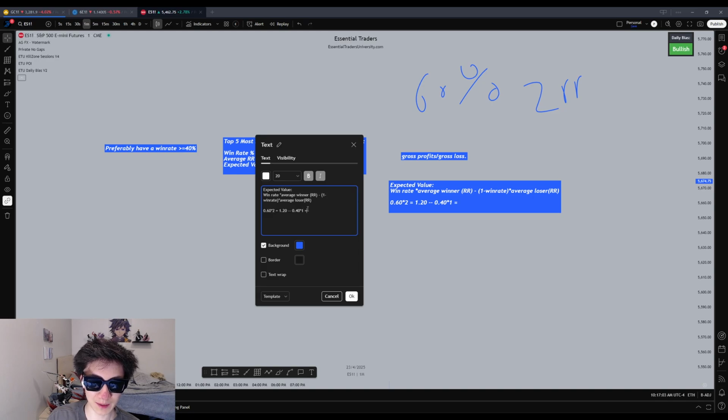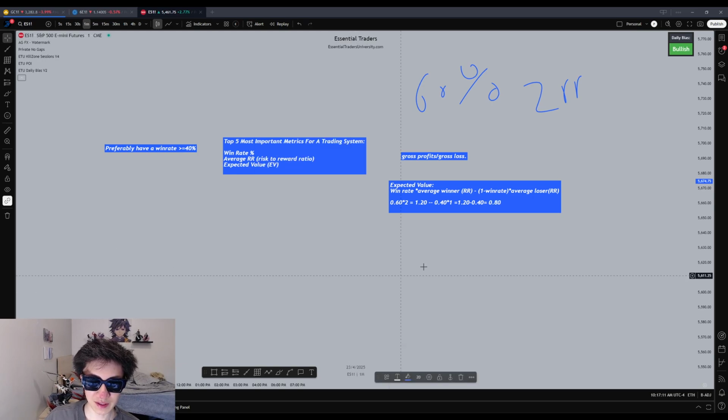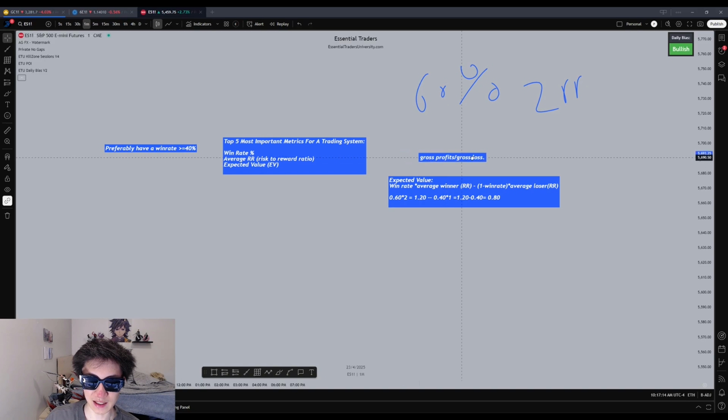So what happens is we end up with 1.20 minus 0.40, which is 0.80. So we have an expected value of 0.80 with this win rate and risk reward combination, and I'll go later in depth into what that exactly entails and means.